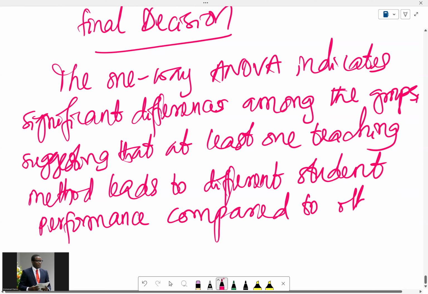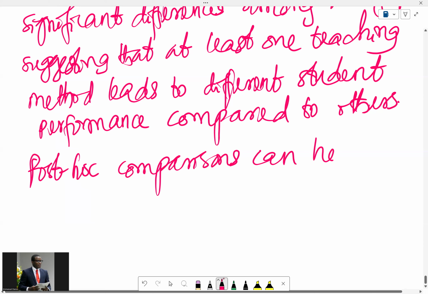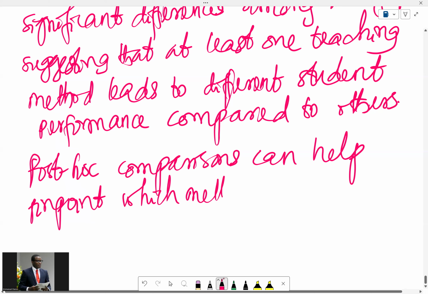Again, post hoc comparisons can help pinpoint which methods are more effective.